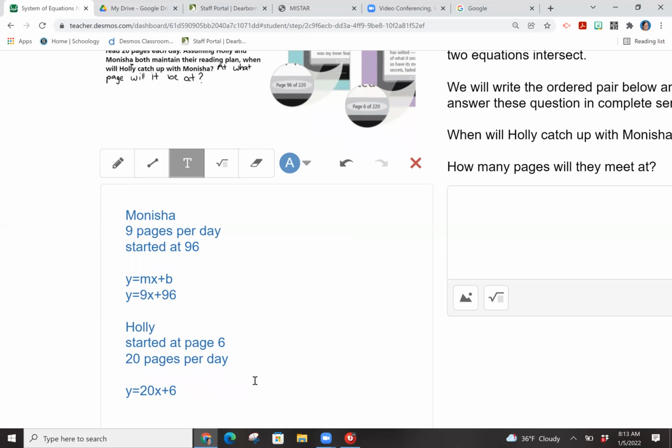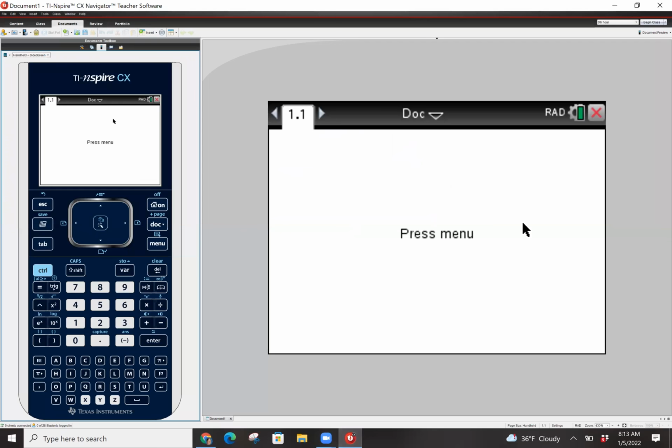Now we are going to use the calculator. I'm going to show you the steps on how to do so. Please note that one of the equations, or maybe even both, will not show on the screen. Because look at the y-intercept, it's 96. Usually our screen goes to 6. So if you guys could turn on your calculators.